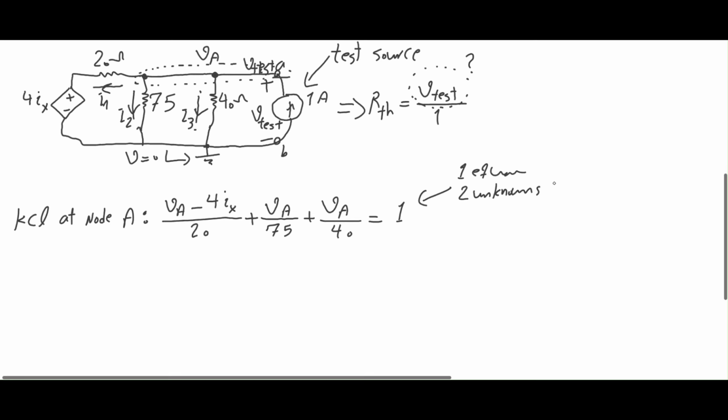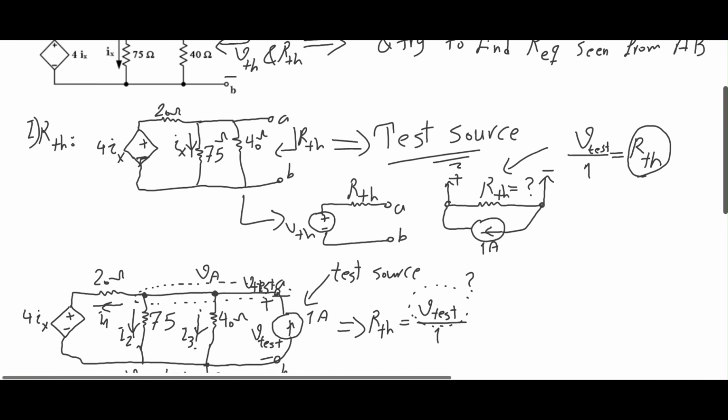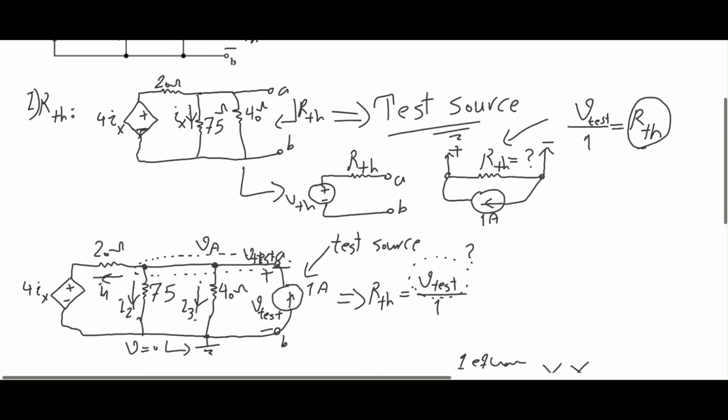Is it possible to solve? No. What I need is one equation and one unknown. How can I find one of them in relation to the other? So I have to find a relationship between VA and Ix. If we look at this branch here, I2, let me just show you, just in case you have forgotten. I2 is nothing but Ix over here.